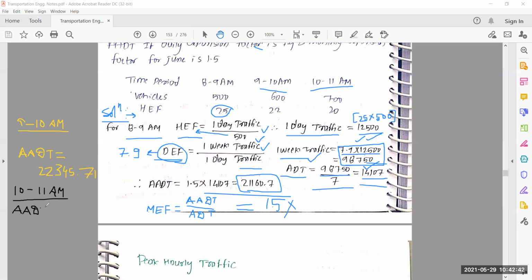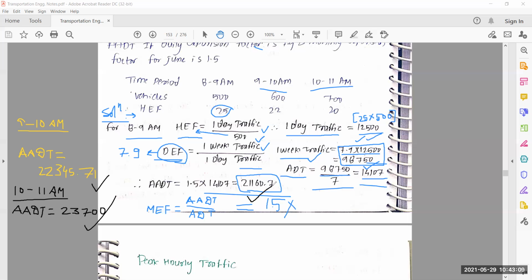In the same manner we calculate ADT. Its result came as 23,700. So here we see we find three annual average daily traffic volumes: first, second, and third.